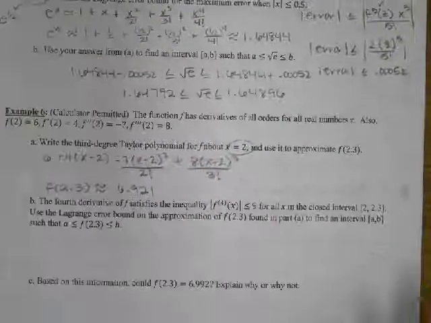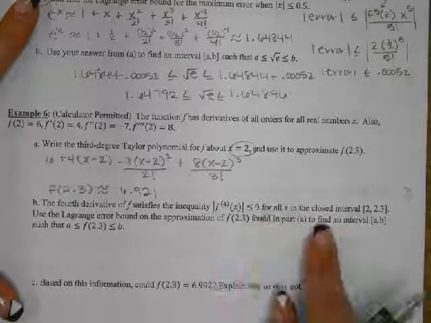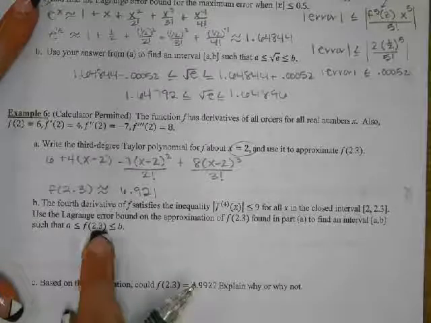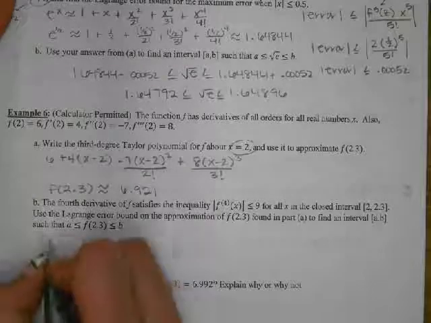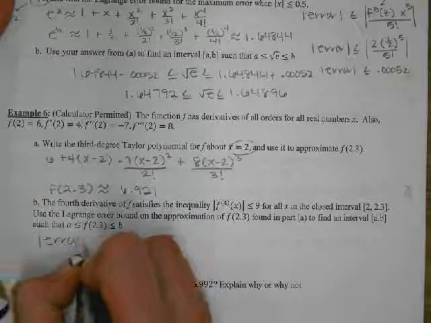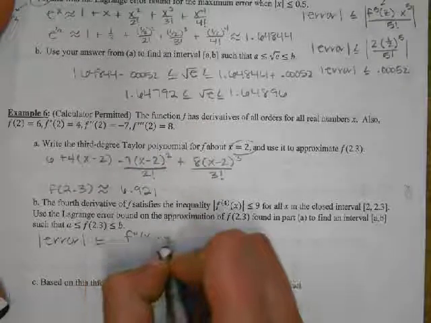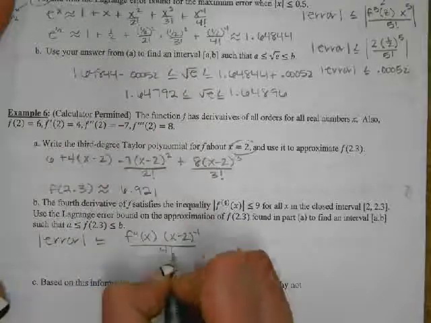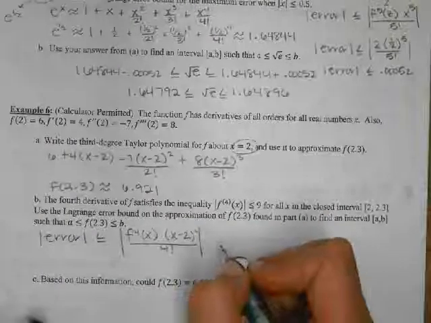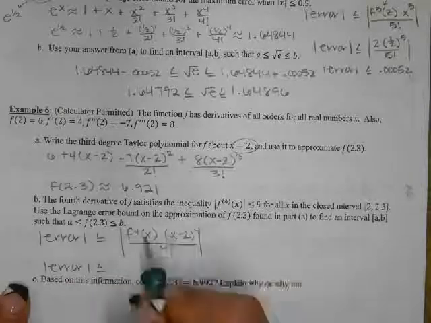Okay, so it says the fourth derivative of f satisfies this inequality for all the closed interval, the Lagrange error bound, we're going to approximate 2.3. All right, so we're going to say error is less than or equal to f4 of x times x minus 2 to the fourth over 4 factorial. And then if I plug my numbers in, the error is less than or equal to, and they told us that this was less than or equal to 9.